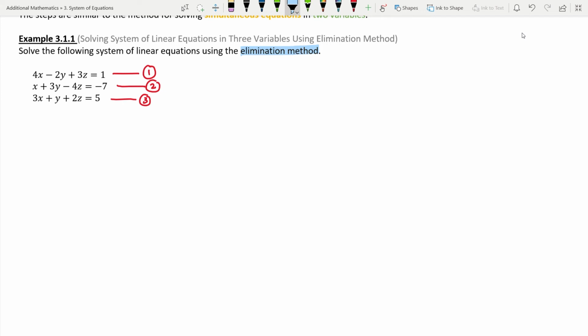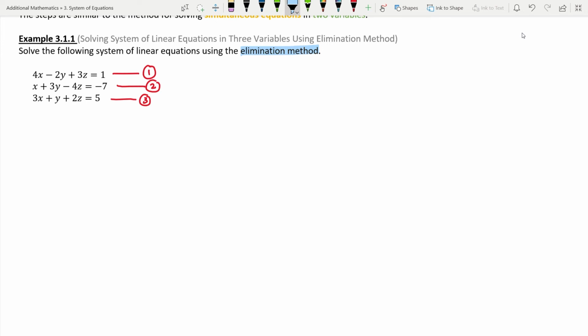In order to use the elimination method, we must make the coefficient of one of the variables the same. There are many combinations that you can choose to do. For this example, I choose to eliminate the variable x from equation 1 and 2.